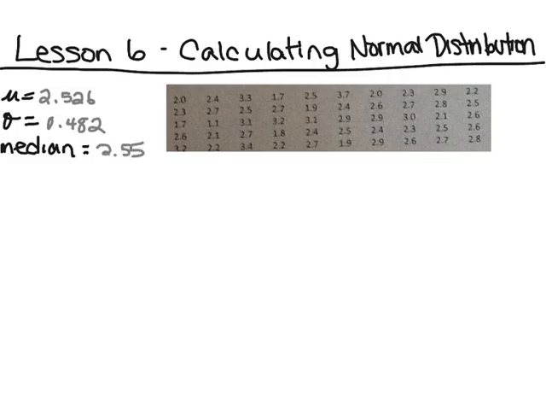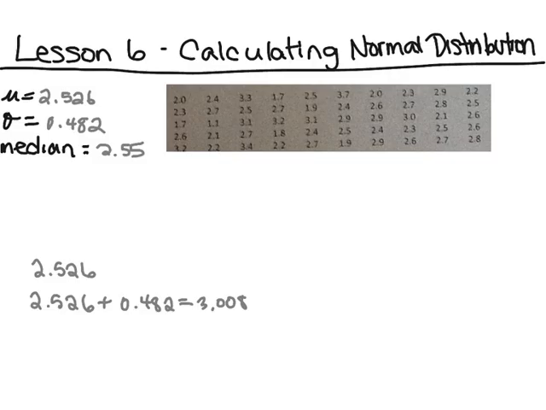So what we're going to do is we're going to create a frequency table, and our intervals are going to be the intervals you would have for a normally distributed curve. So we know that our mean is 2.526. We want to add a standard deviation above it, which is 0.482, and that will equal 3.008.